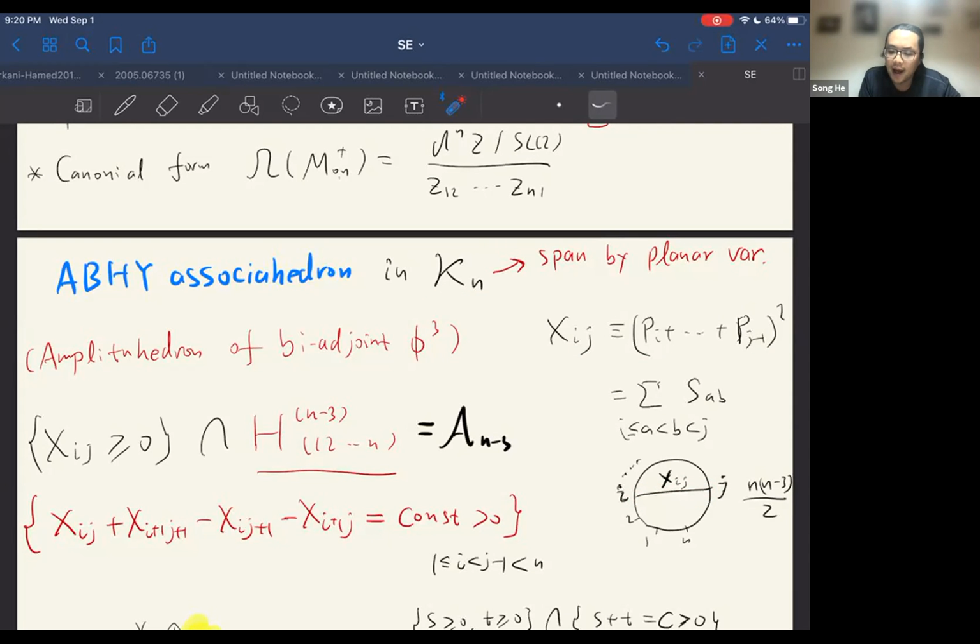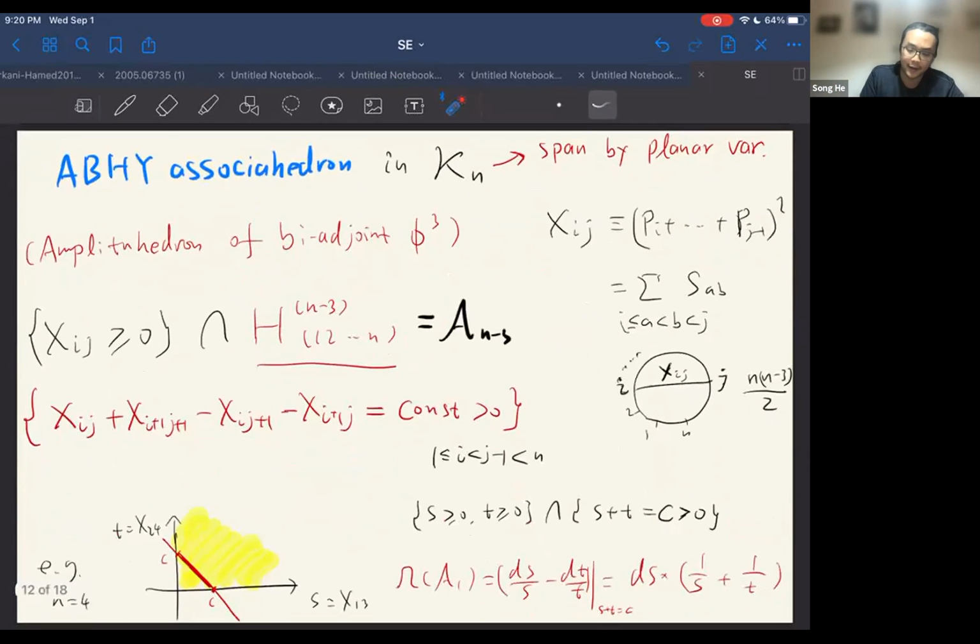So basically, I take the consecutive sum of momenta from i to j minus 1, and square that. That gives me this sum of Mandelstams. These are the planar variables. There are exactly n(n-3)/2 of them, so they also span the kinematic space.